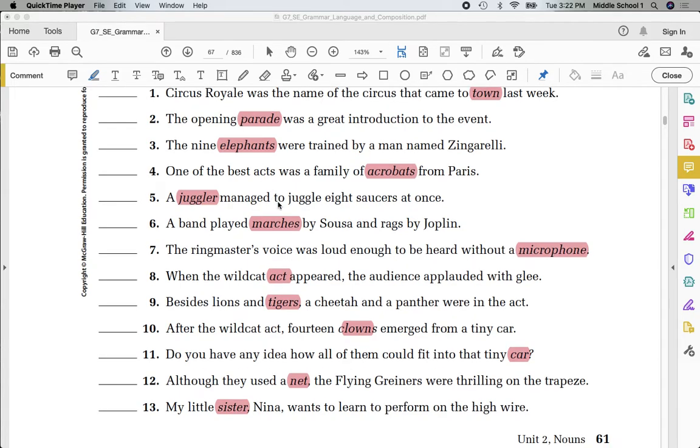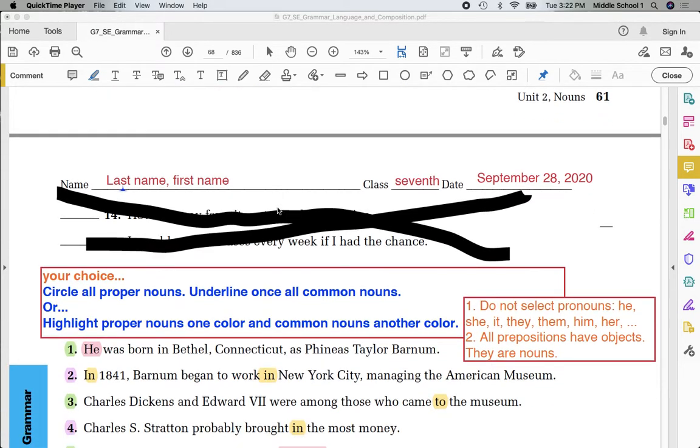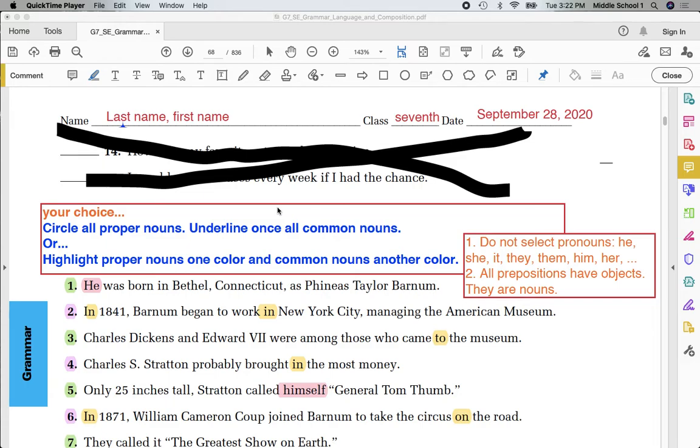Please turn to page number 62. At the top of the page in red on the name line, I have a direction on my screen that I'd like for you to put onto your paper.